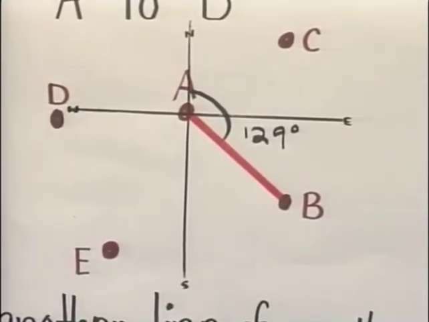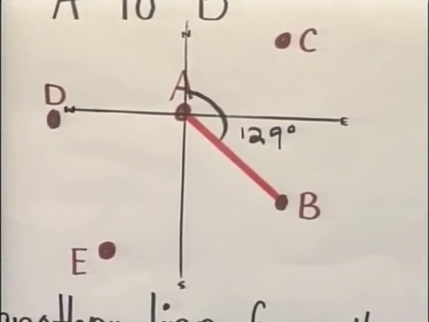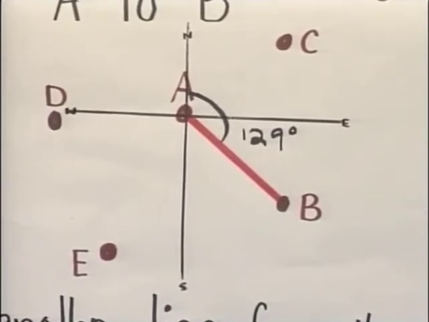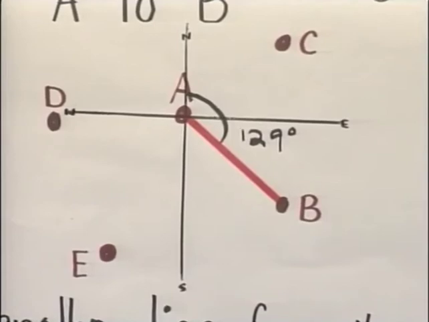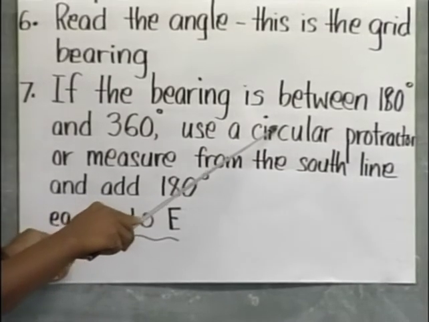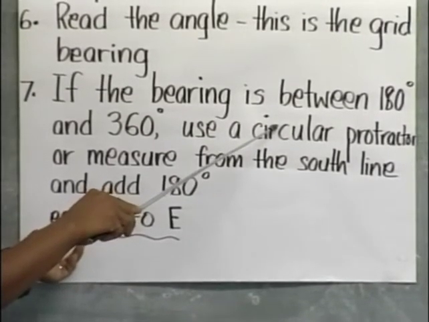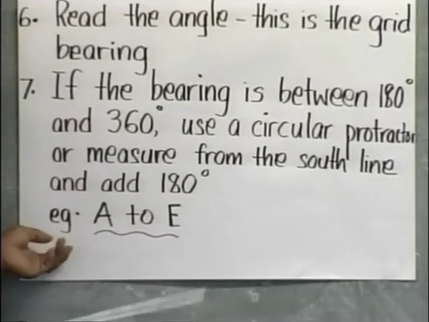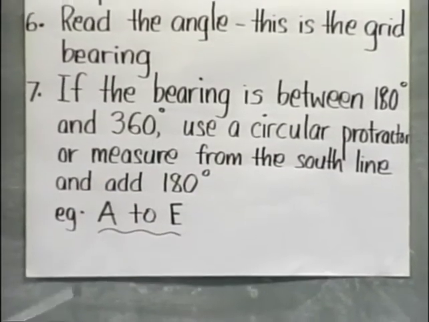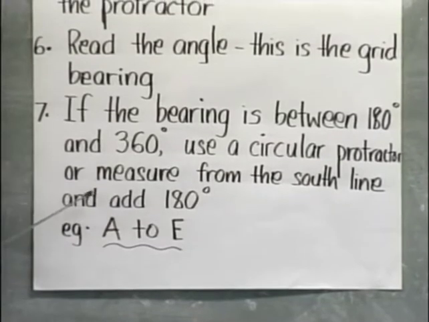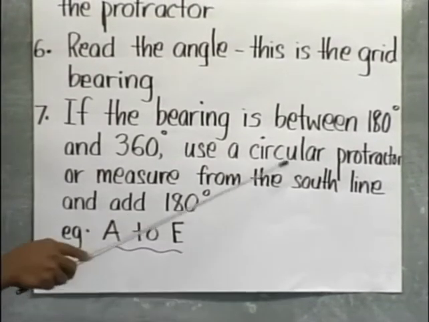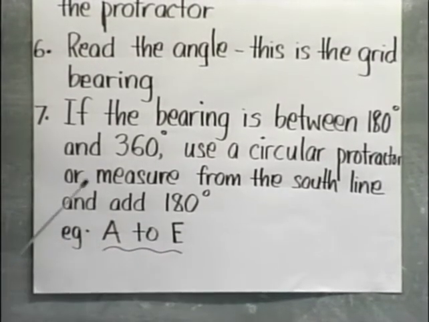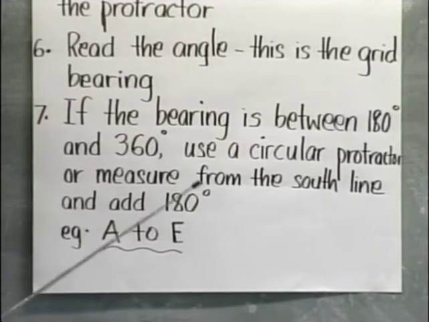Then what you will need to use is a circular protractor. I think most of you have seen and used circular protractors. If you do not have a circular protractor, then what you can do is measure from the south line and add to 180.